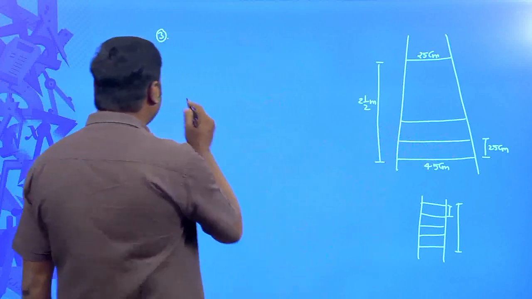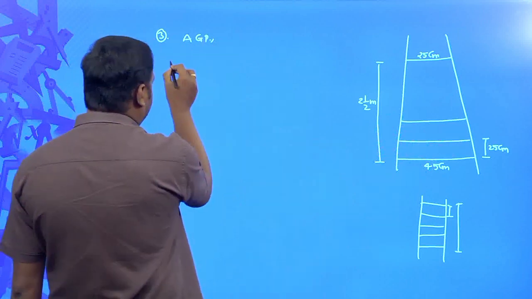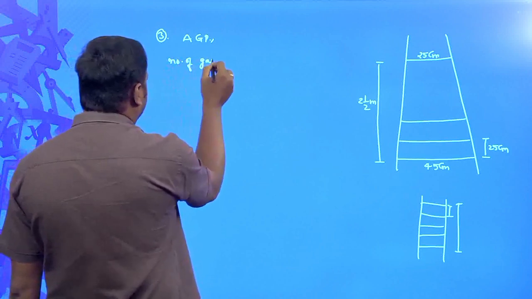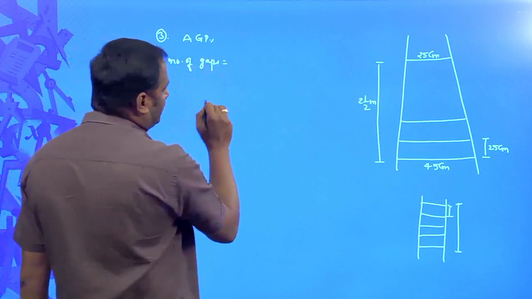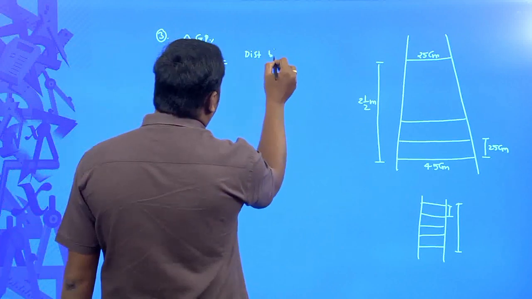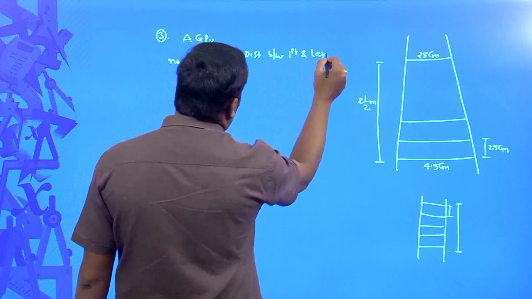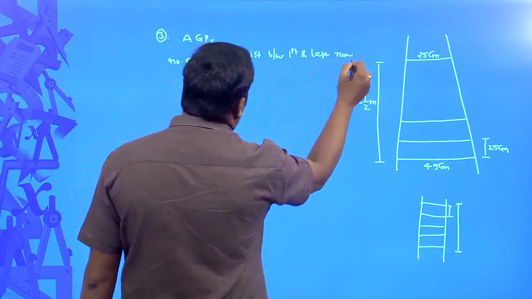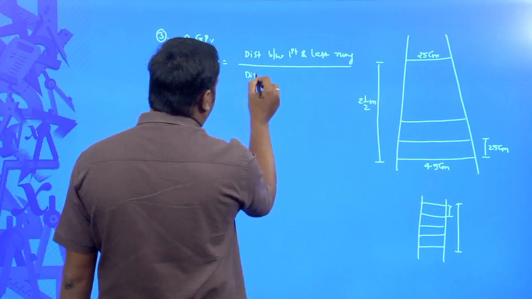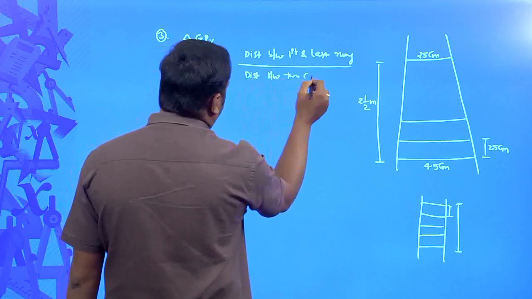See here, according to the given problem, I am going to find the number of gaps. So, the number of gaps between the rungs is equal to distance between first and last rung divided by distance between two consecutive rungs.